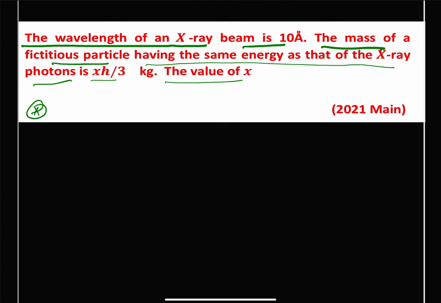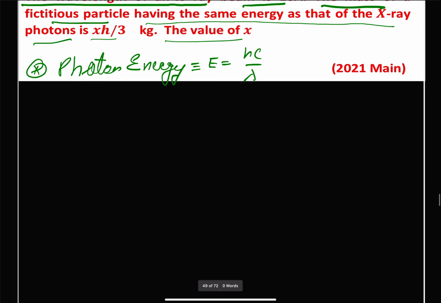Therefore, we can say photon energy E is equal to hc/λ, and we simply substitute the values.